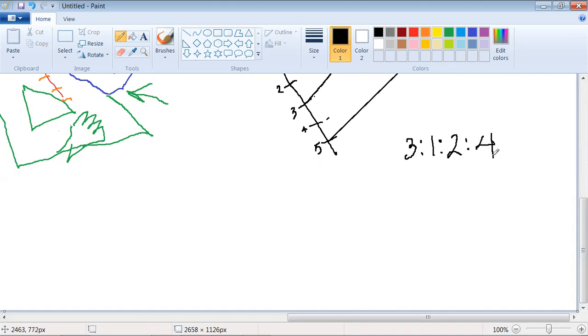Say divide a line in ratio 3, 1, 2, 4. In this particular case, what we do is add the values. 3 plus 1 is 4, plus 2 is 6, plus 4 equals 10. And we say that the answer for this is 10.